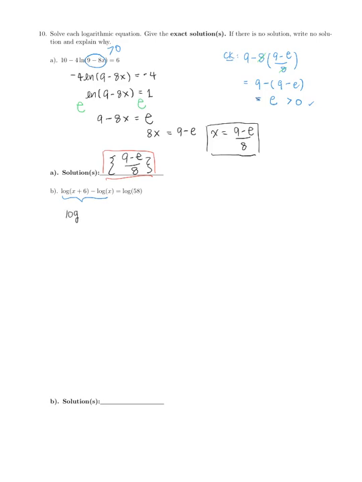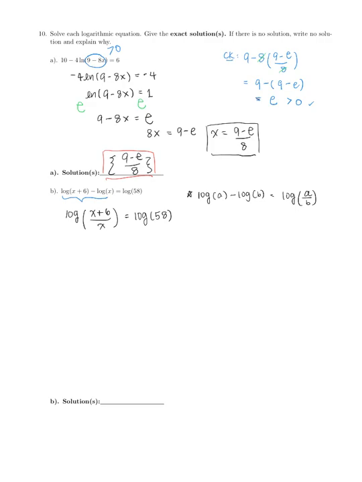Remember this, log of a minus log of b is log of a over b. So we're going to use that property for that. So I'm going to have log of x plus 6, and then whole thing over x equals log of 58.